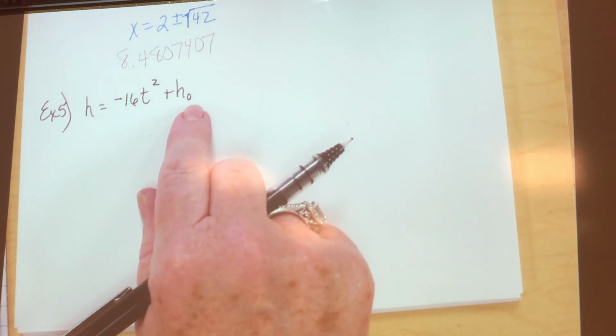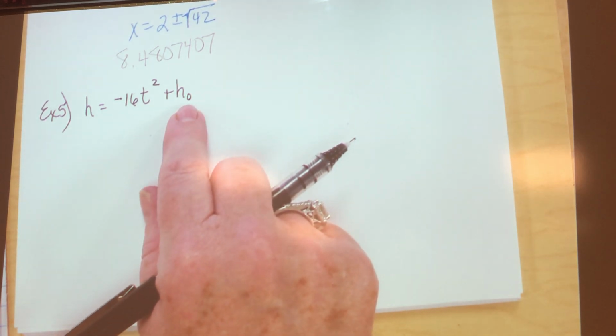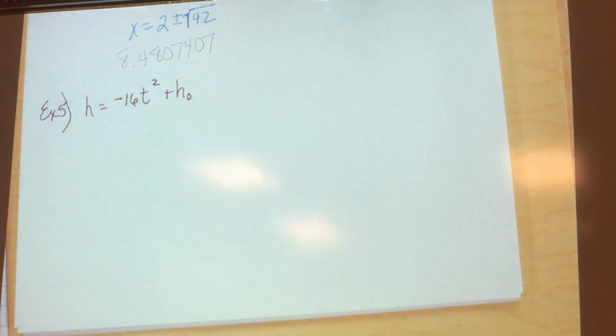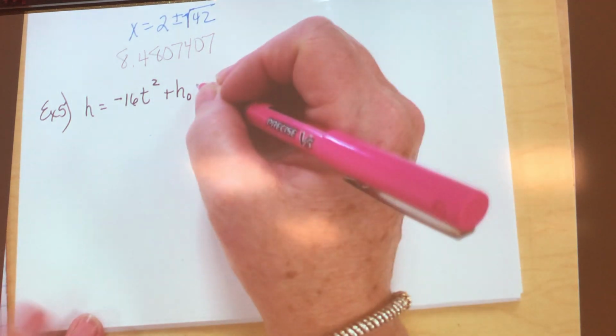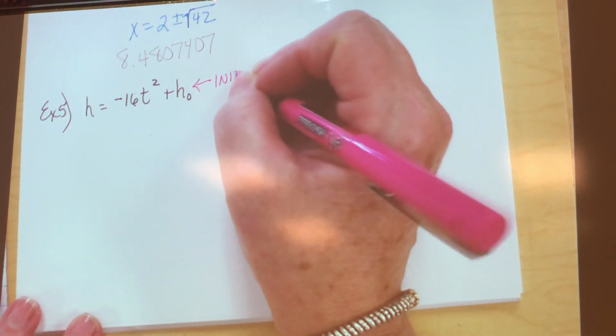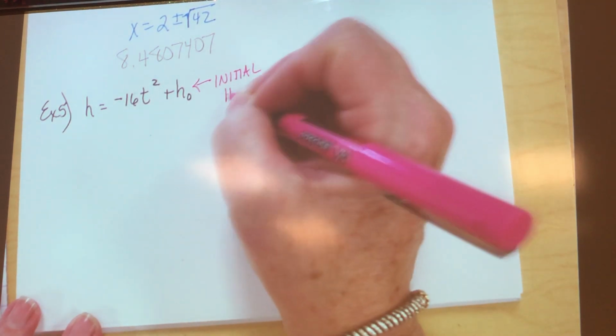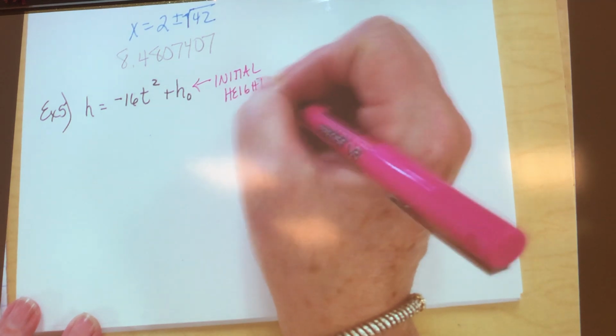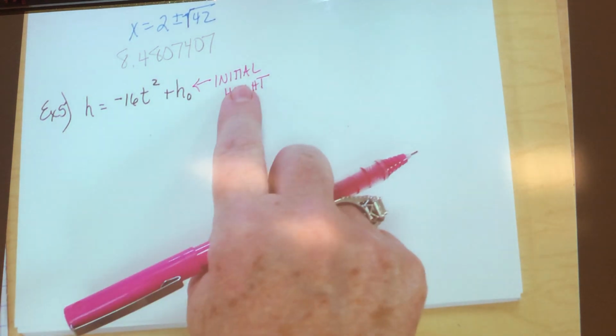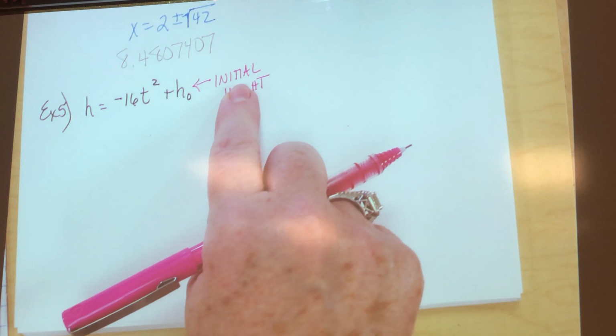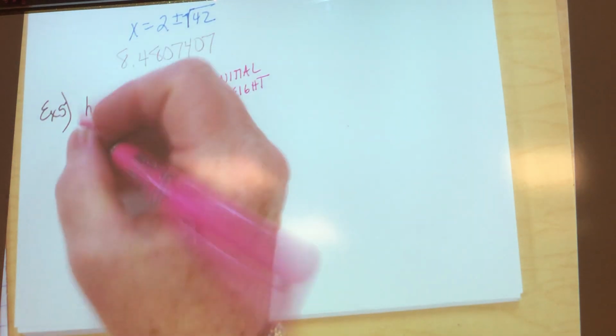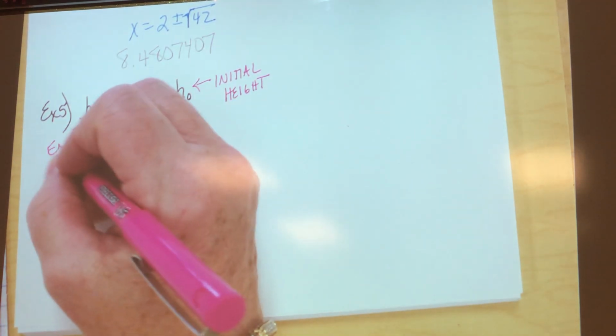They mean height. But this is when time is 0. This is initially, before the problem began, this is my height. This is my initial height. Anything sub-0 is initial, in the beginning. This right here, he's my ending height.